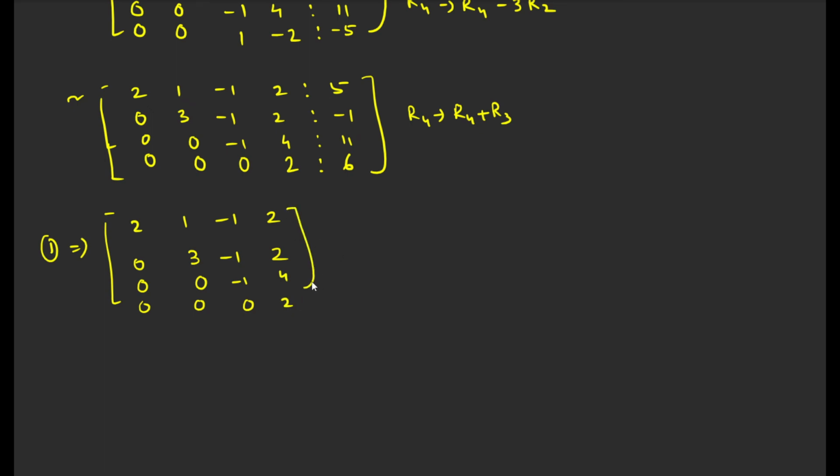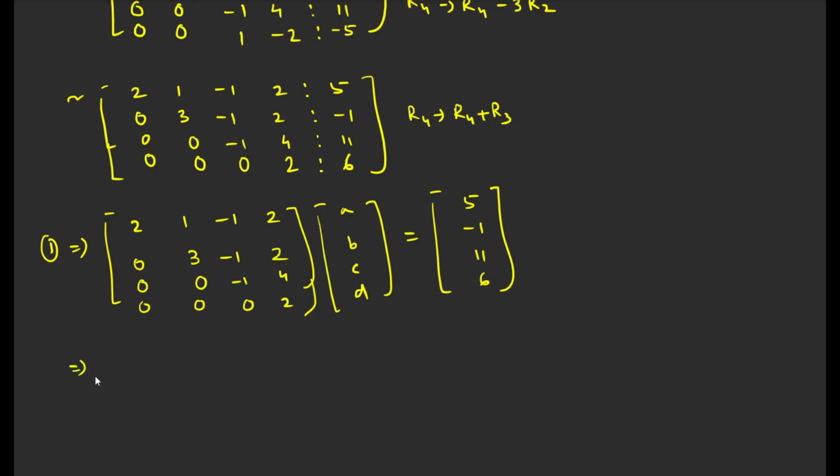Then the variables are A B C D, and on the right hand side we'll put these new values, 5 minus 1 11, and then 6. Okay, 11 and 6.